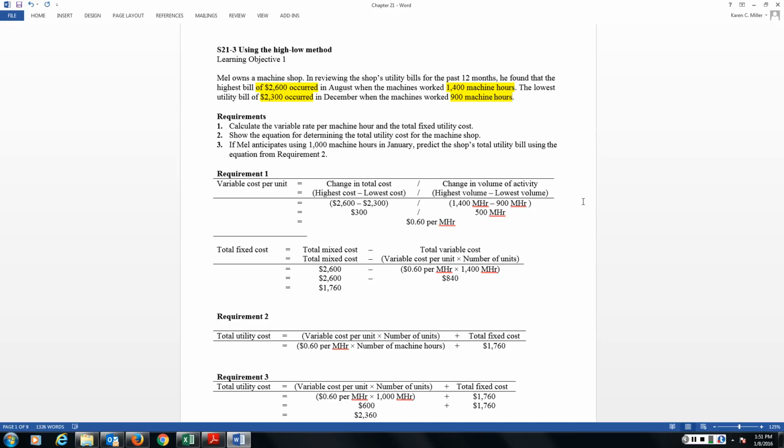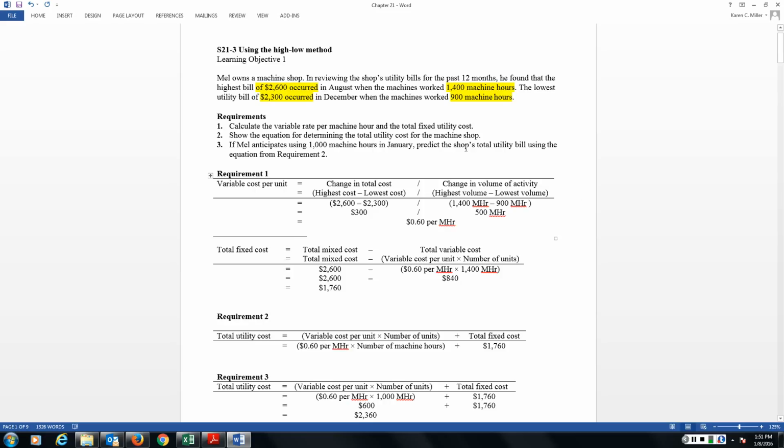And so that is why we have looked at the 12 months for this machine shop's time period, identified the largest amount of expenses and the lowest amount of expenses, and this gives us a relevant range, time period wise and cost wise, to analyze for this particular situation.